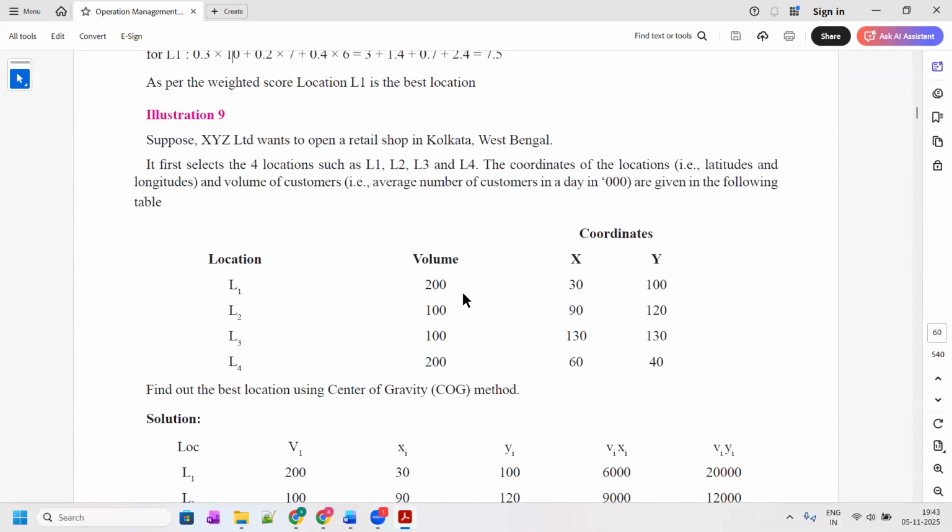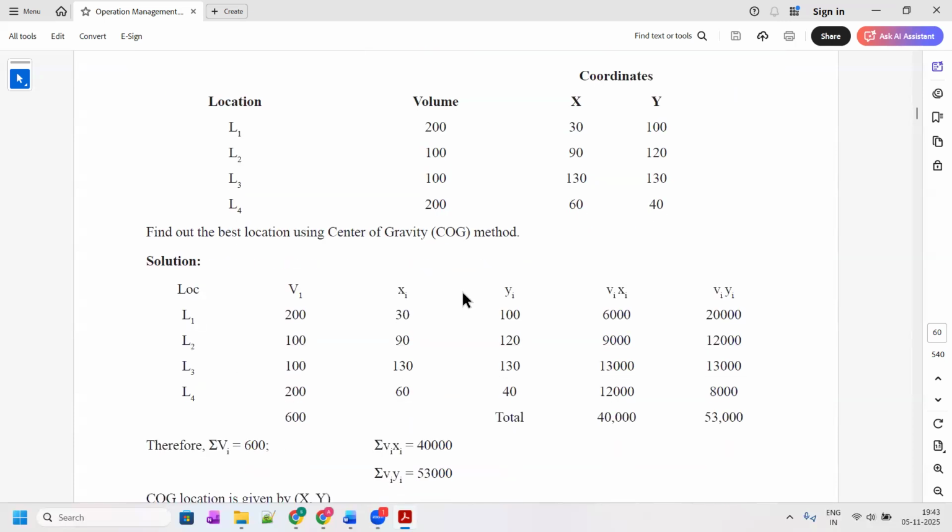The method mentioned here is the center of gravity method. By using the center of gravity method, you have to figure out the best location. For these four locations, the coordinates x and y are given, and the volume is given.